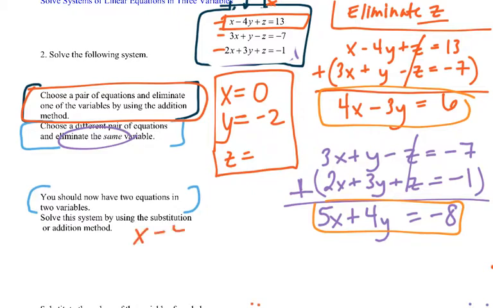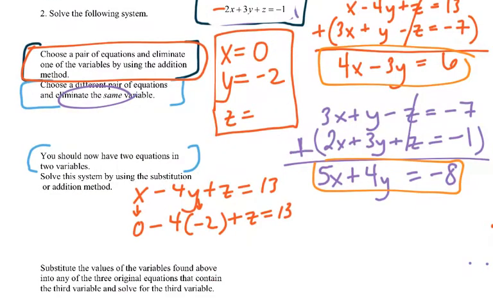So x minus 4y plus z equals 13. So my x is equal to 0, so I'm going to substitute in 0 minus 4 times negative 2, because my y is equal to negative 2, plus z equals 13. So I'm going to do negative 4 times negative 2, which gives me a positive 8, plus z equals 13.